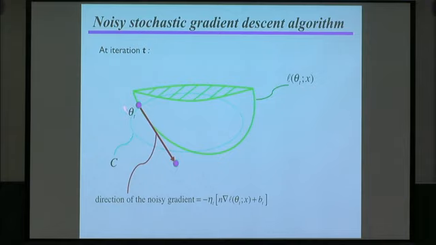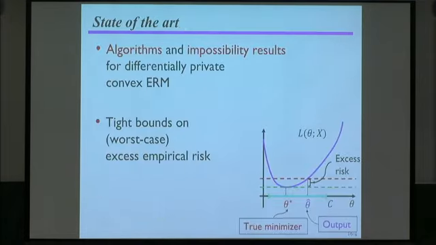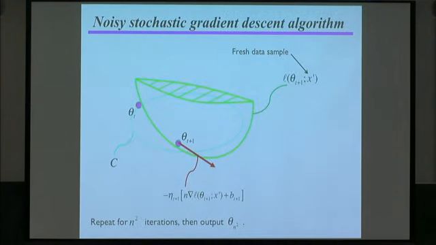We pick a random data point, little x, look at the contribution to the loss function provided by little x, and then take a step away from the gradient at that point. If that takes us outside of the constraint set, then we have to project back into it. We keep repeating that operation over and over, and eventually, after enough iterations, we get a very good answer.